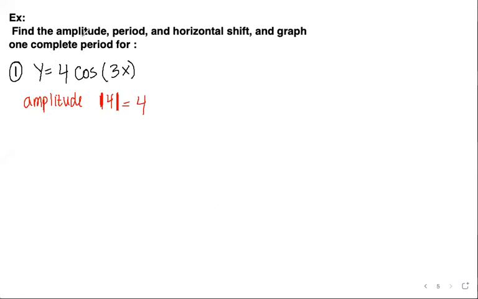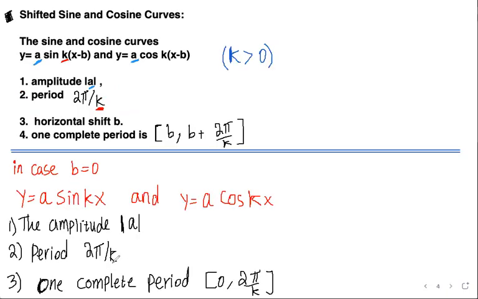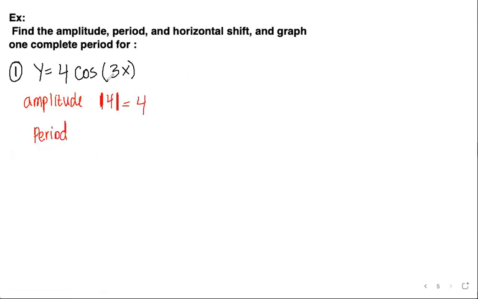Now, what is the period? 6 pi. So use this formula: period is 2 pi over k. What is k?